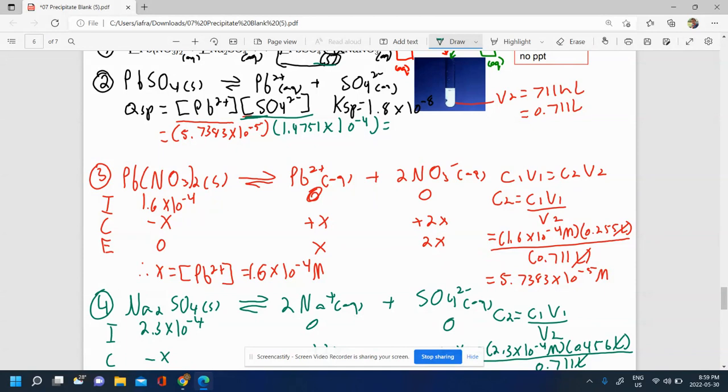I have to retry that because I inputted this wrong. Let me retry this with the right mode for my calculator. 10 to the -5 times 1.4751 times 10 to the -4.